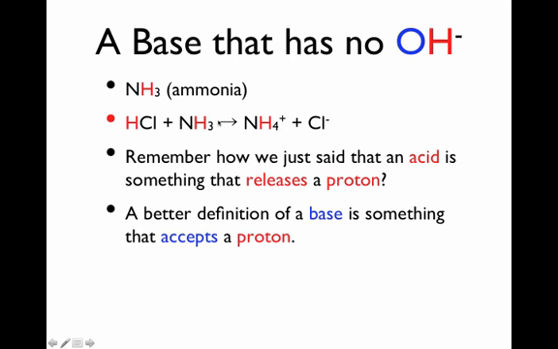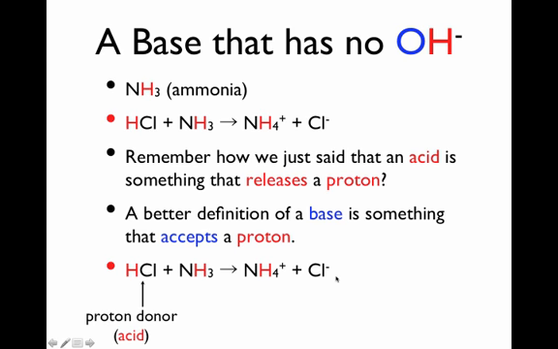Either way, this material, this ammonia, meets the definition of base that's shown in this bullet point that I'm circling. And that again, that's just shown here. The HCl, hydrochloric acid, mixing with ammonia turns into ammonium. So the H plus doesn't get to run around all by itself, and it turns into a chloride ion as well.